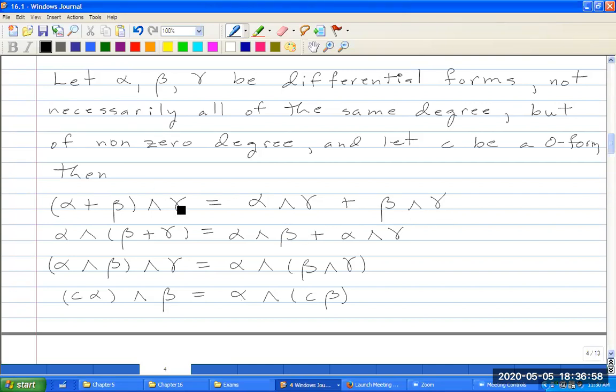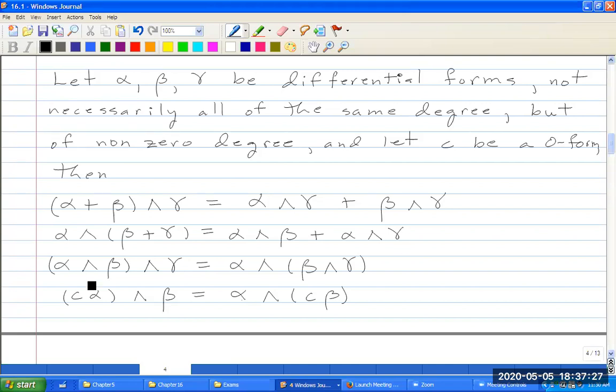And so this distributes. Again, the wedge product distributes. It acts like a product. So the wedge product distributes over addition. Alpha wedge beta plus gamma is alpha wedge beta plus alpha wedge gamma.